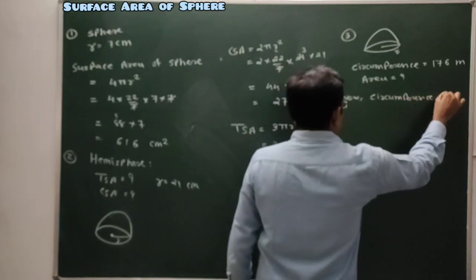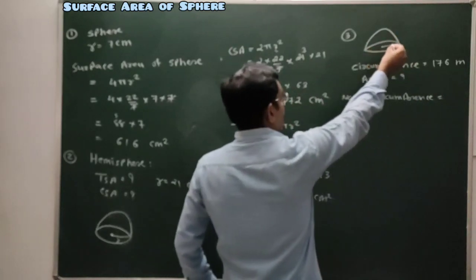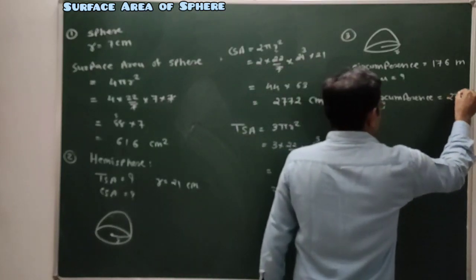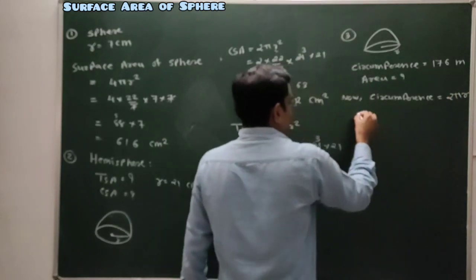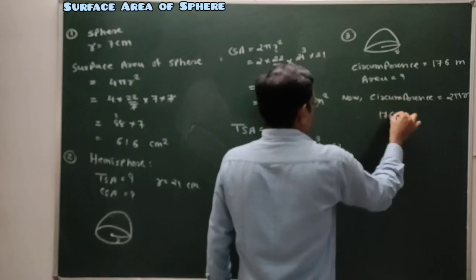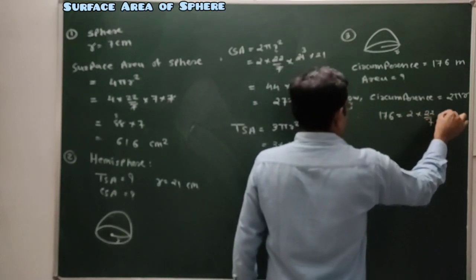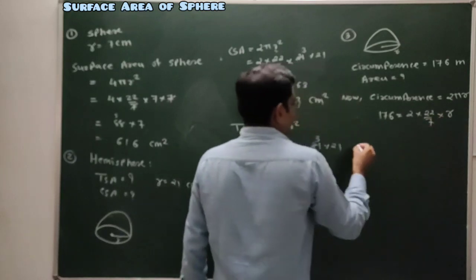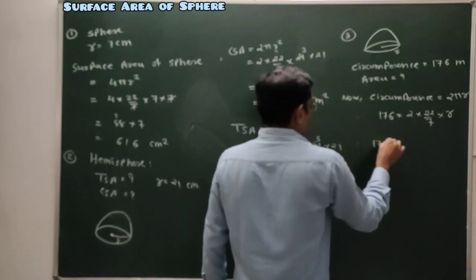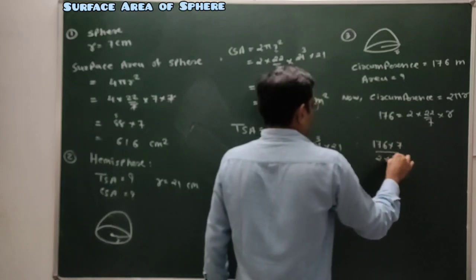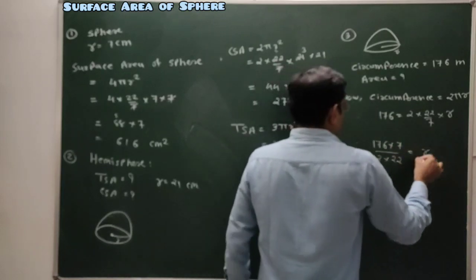Circumference of base, and that base is nothing but the circle with radius r, whose circumference is 2 pi r. Therefore 176 equals 2 into 22 by 7 into r. Therefore 176 into 7 upon 2 into 22 equals r.